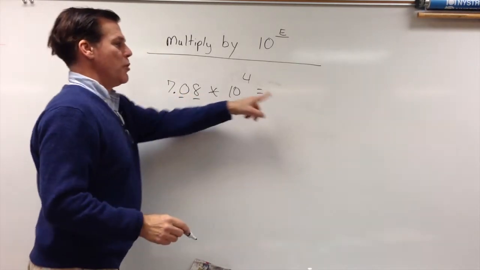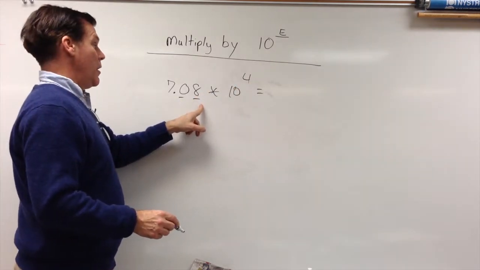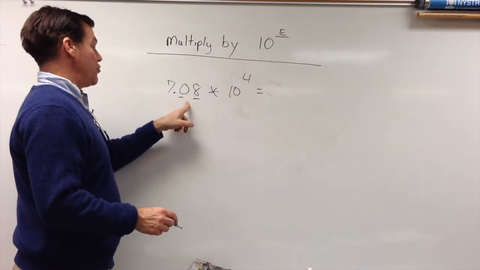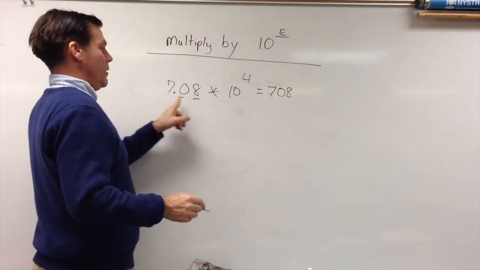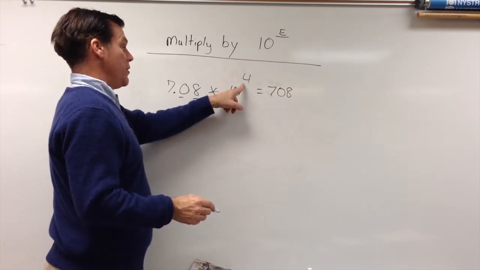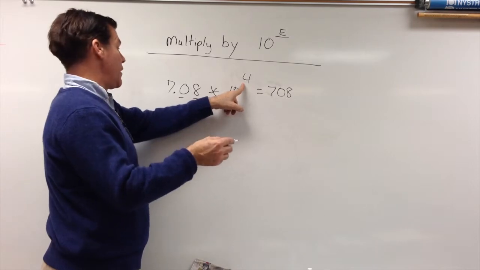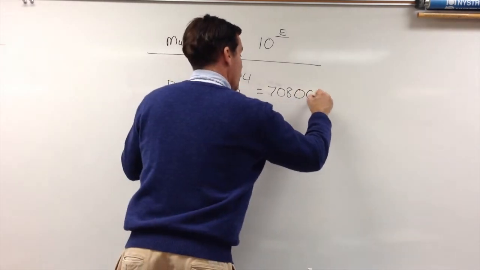So instead of putting 4 zeros, 4 minus those 2 decimal places, I'm just going to put 2 zeros, 4 minus 2. So I'm going to write my number, 708. That didn't change. And instead of putting 4 zeros and then having to move the decimal back, I'm just going to put 2 zeros to take up this space here.